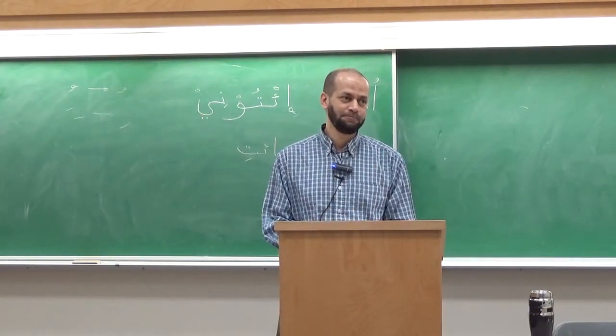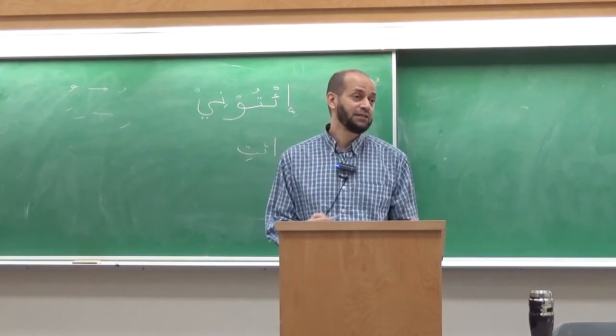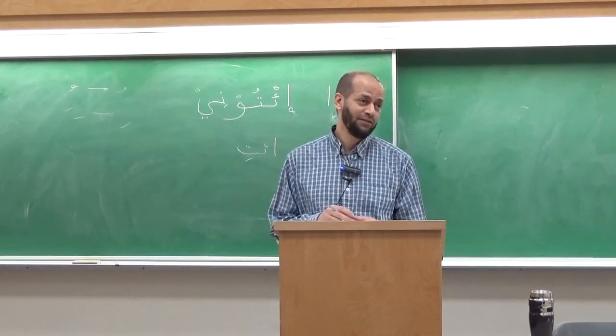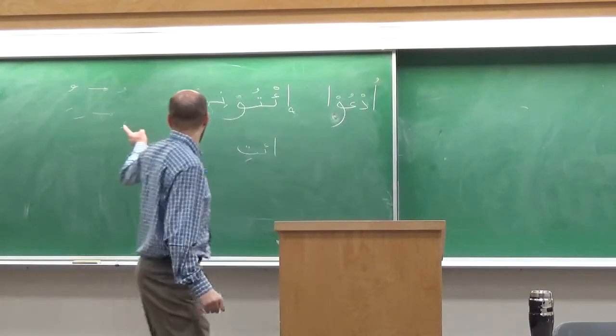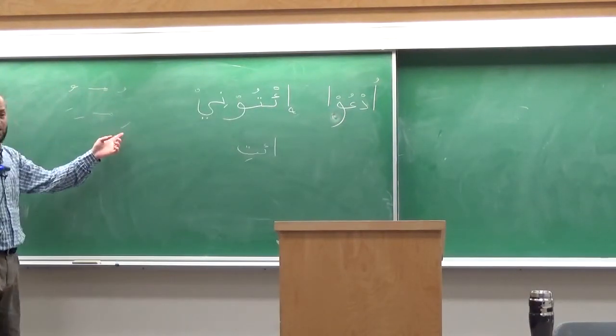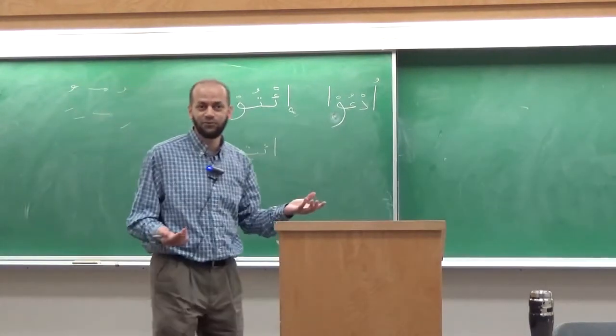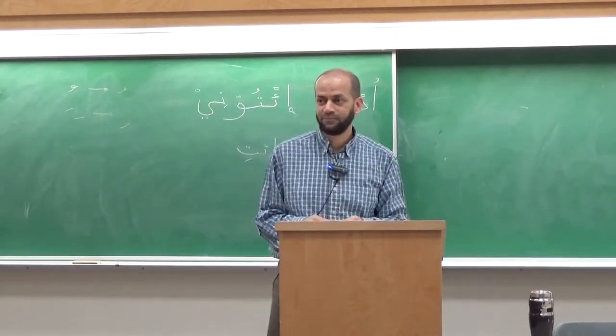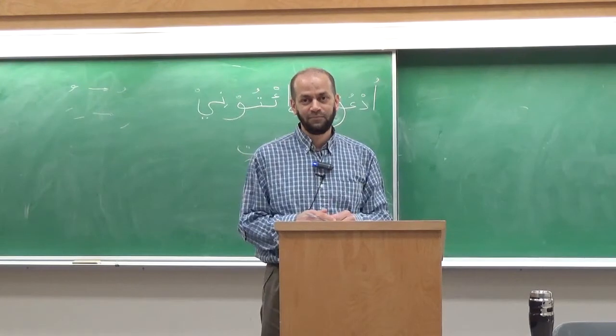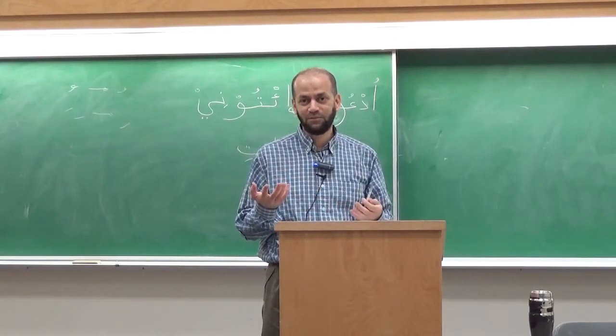So we have Hamzatul Wasl, dal and ayn. Well, there is a kasra on the ayn, id'i. So whenever we have a kasra, Hamzat al-Wasl will have a kasra. So I don't see an issue with it. Or are you saying that it's supposed to have something different?